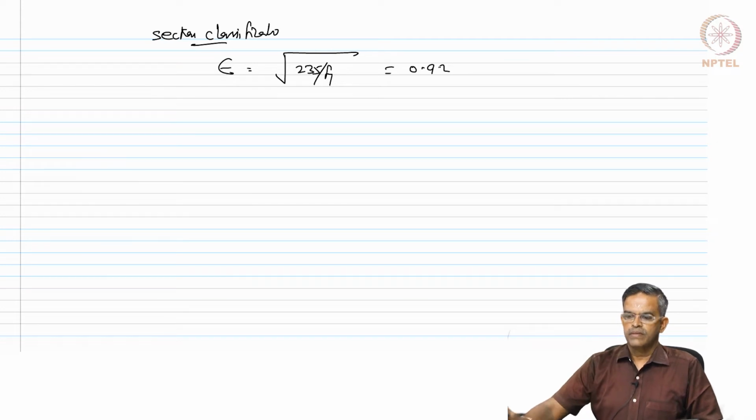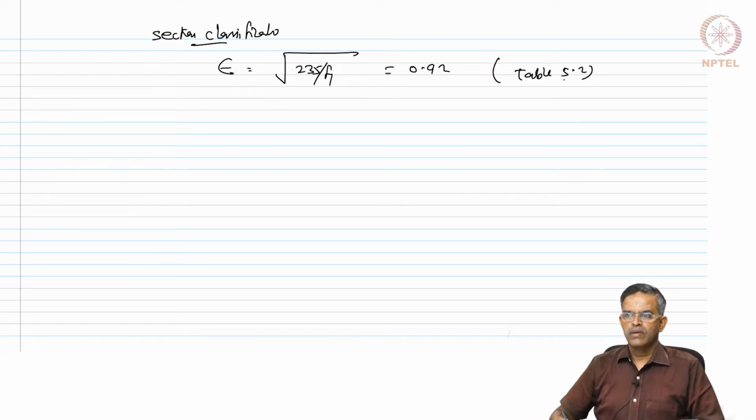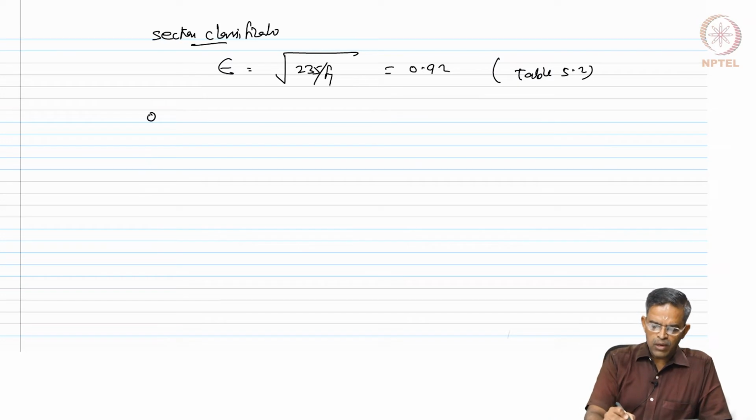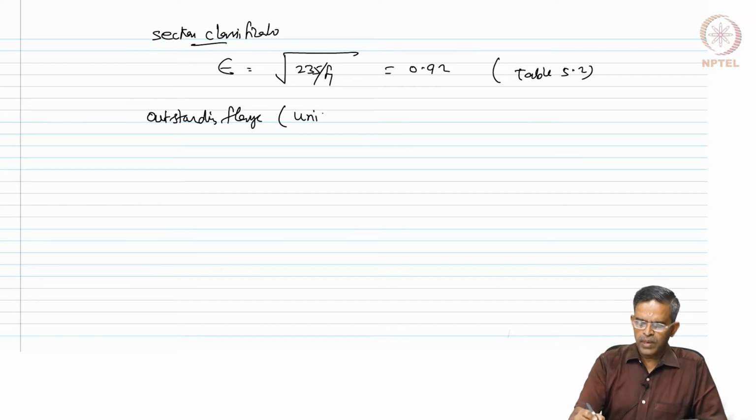This is as per table 5.2. I am using the same code. Let us talk about the outstanding flange, which is under uniform compression.